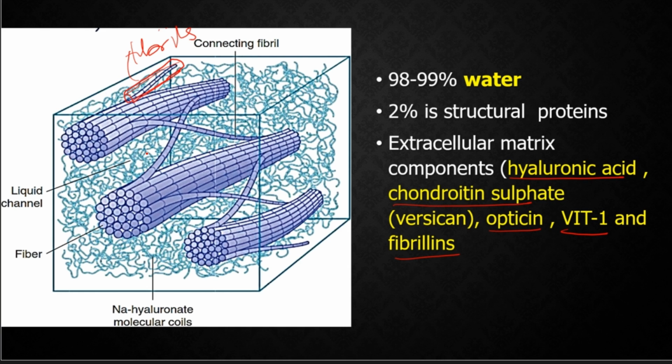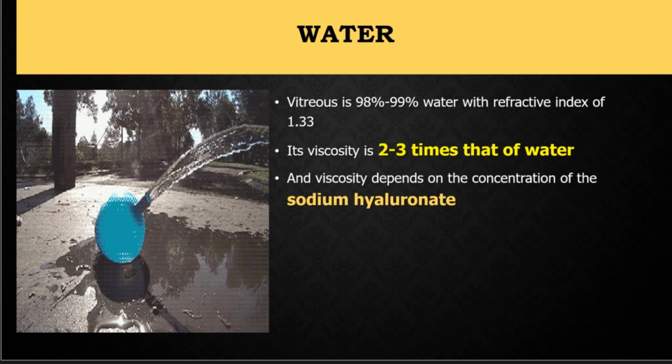Apart from that, outside the fibrous structure we have the extracellular matrix, and that is formed majorly by the hyaluronic acid. This hyaluronic acid has the capacity to trap water inside it. Apart from that, we have some cells in the vitreous which are known as hyalocytes. As we move ahead with the lecture, we are going to discuss all of these in detail.